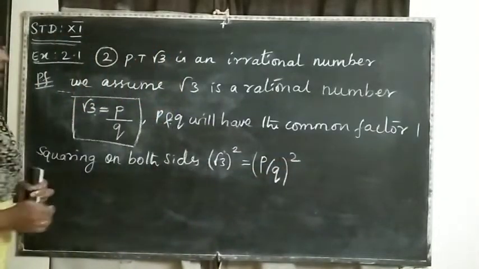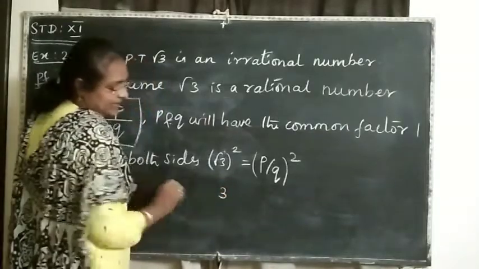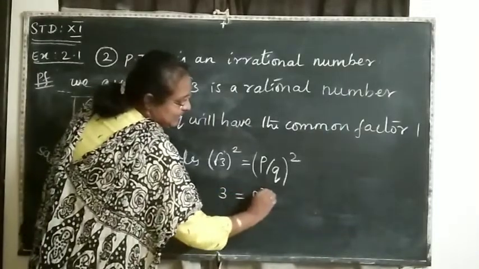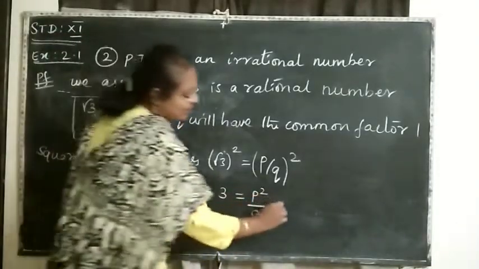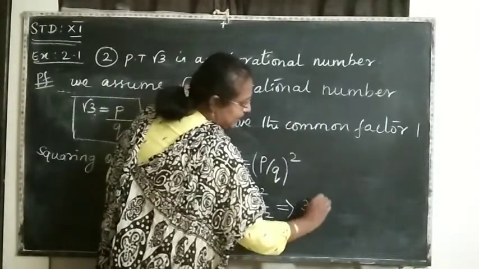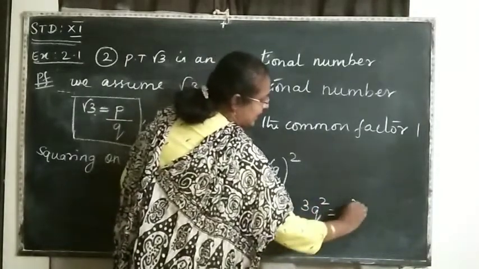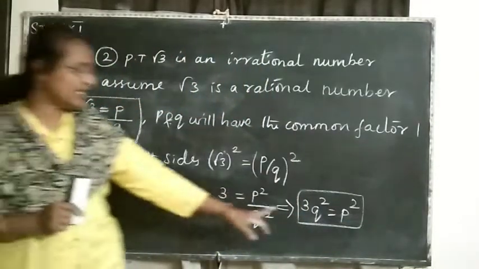Do you agree? Root 3 the whole squared is 3, isn't it? Equal to p squared divided by q squared. Yes or no? So from this I conclude that 3q squared is equal to p squared. Yes or no? Now look into this step.